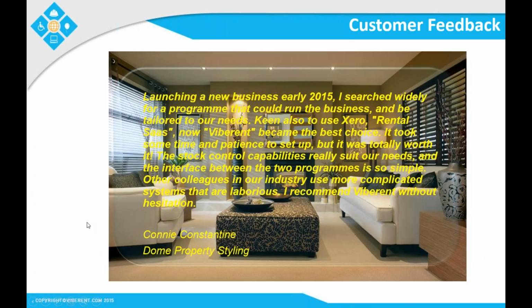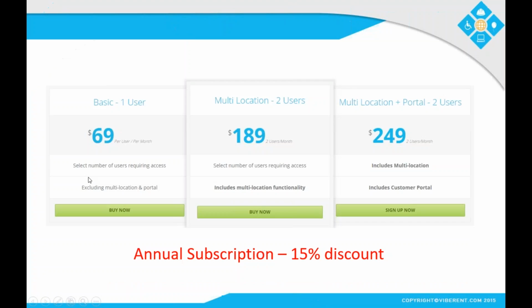Dome Property Styling are in the home staging and property styling business. They save on average 8 to 10 hours every week. It's a huge time saver, especially with the package functionality and inventory management. Viberent saves them extensive time and effort.